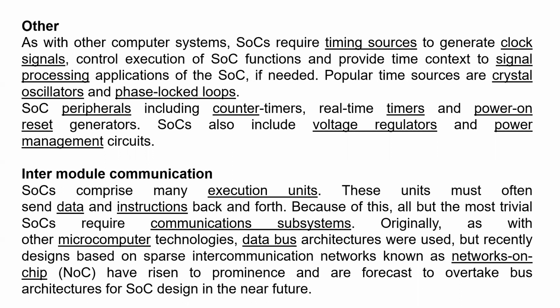Now coming to the next component. As you can see on the system on chip, there are a number of modules or execution units present. Communication must take place between these units, and this communication must be controlled with the help of some system that enables communication between different units of a system on chip.